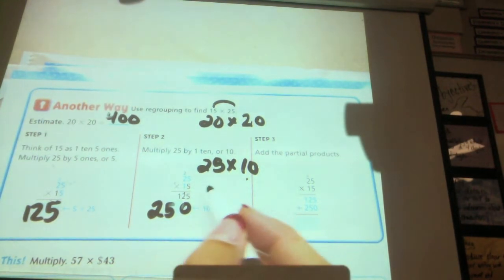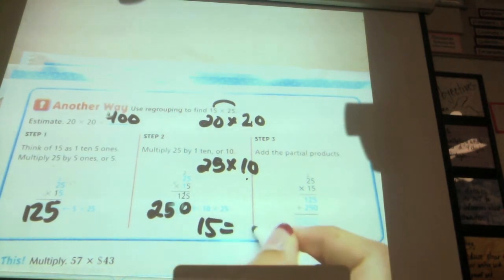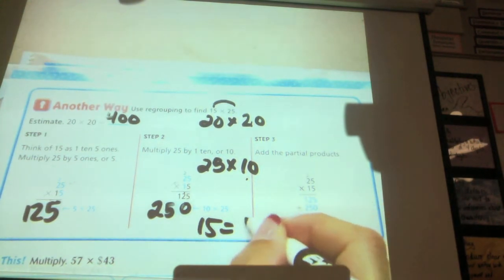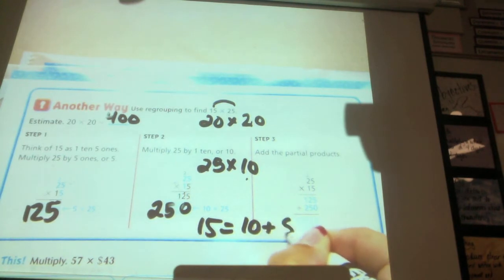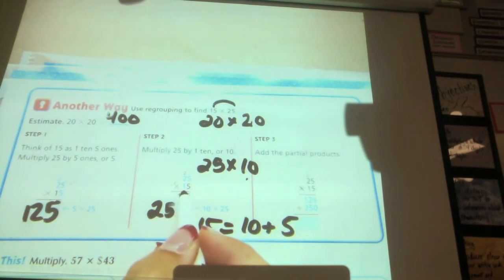If I put 15 in expanded form, what is it? I'm asking Brian. 10 plus 5. Now we've already multiplied the whole problem by the 5. Now we need to multiply the whole problem by 10, because the value of that 15 there is 10.